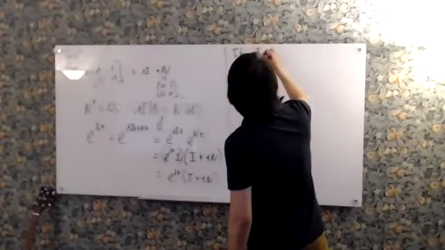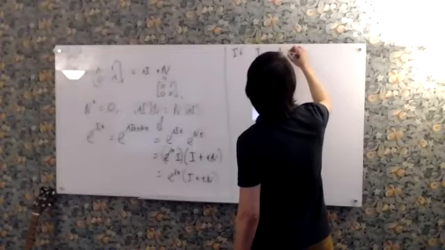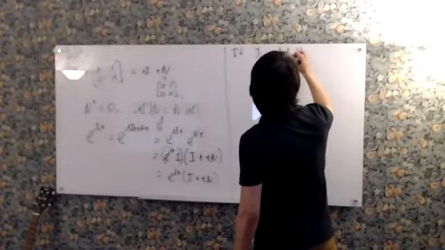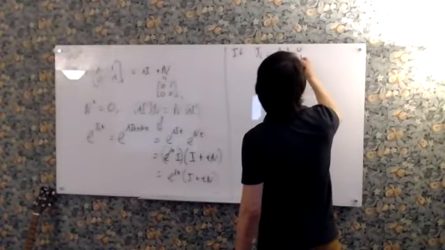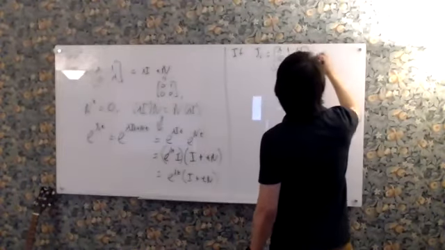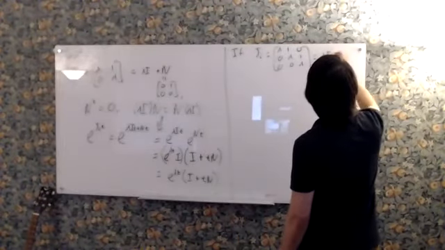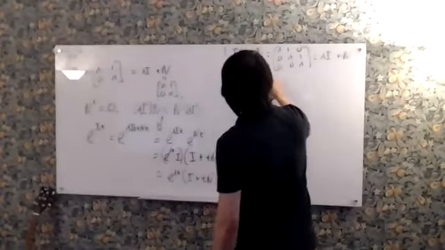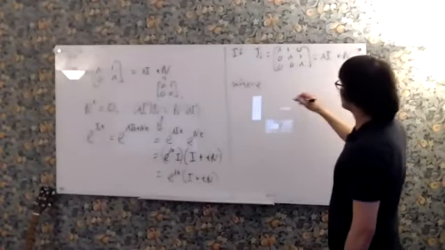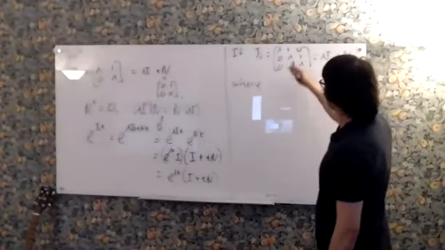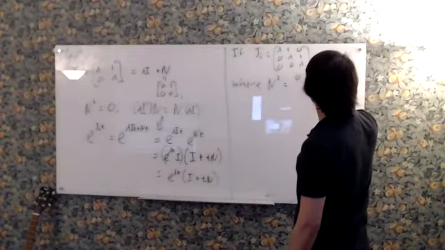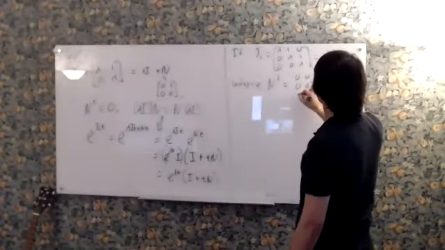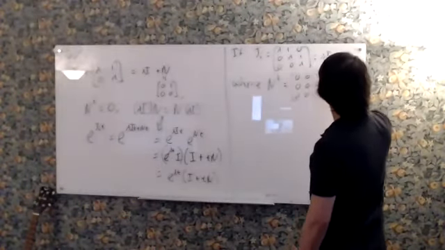If Ji is equal to lambda 1, 0, 0, lambda 1, 0, 0, lambda, then we know that this thing is actually equal to lambda I plus N, where N is this thing. So in particular, N squared is equal to 0, 0, 1, 0, 0, 0, 0, 0, 0.